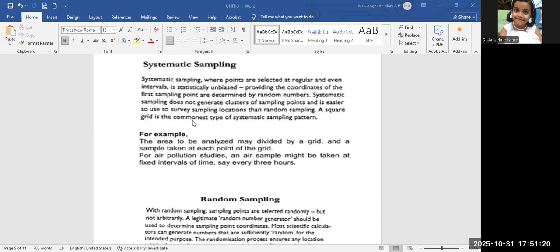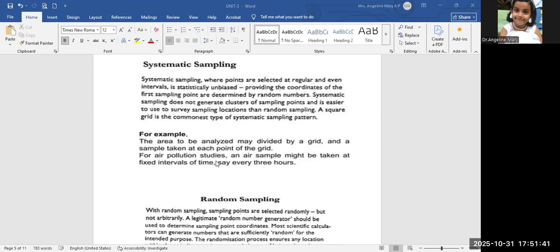A square grid is the most common type of systematic sampling pattern. For example, the area to be analyzed should be divided by a grid and a sample taken at each point of the grid. First, we have to fix a grid, and from each point of the grid, we have to collect the samples.